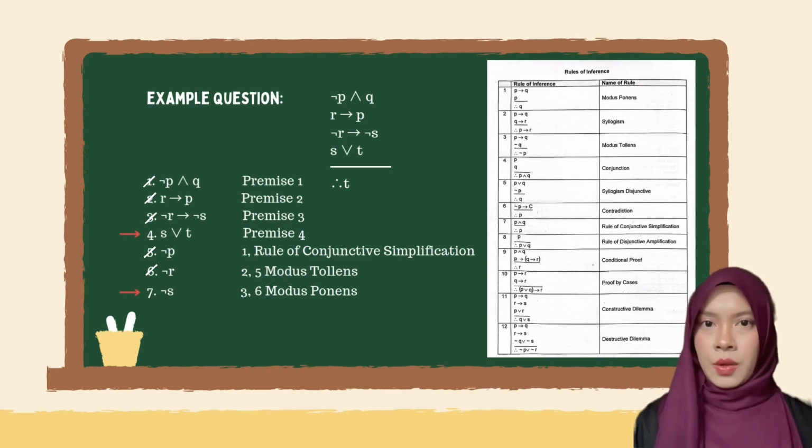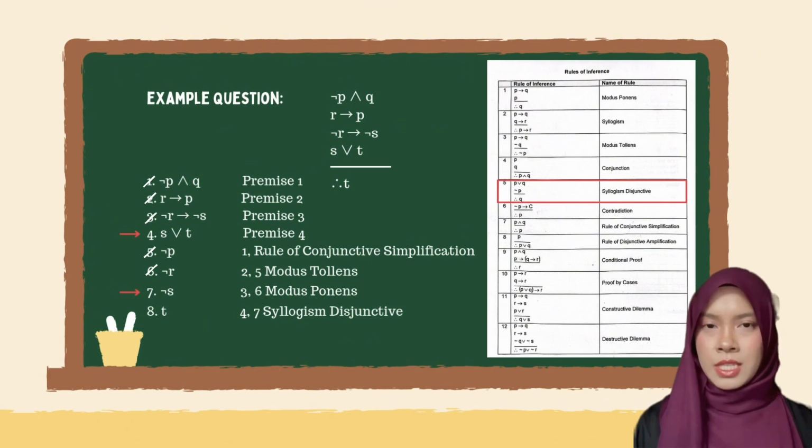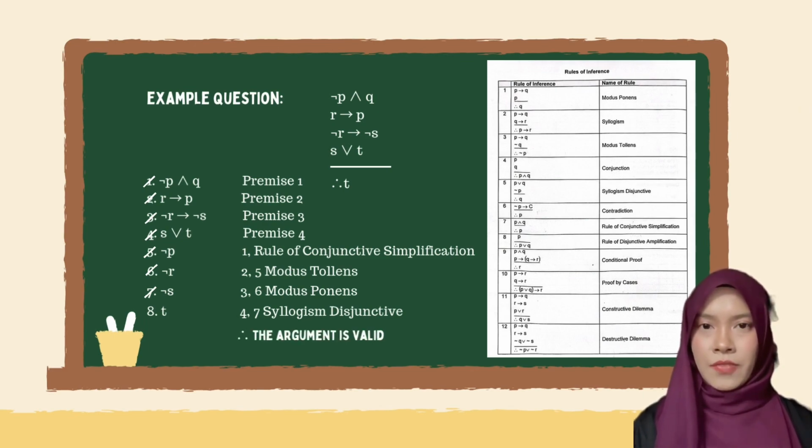From the table, we can see that syllogism disjunctive can be used for this situation. So finally, we will get T from number 4 and 7 by using syllogism disjunctive. In the end, we managed to reach the conclusion T by following these logical steps. That means the argument is valid.